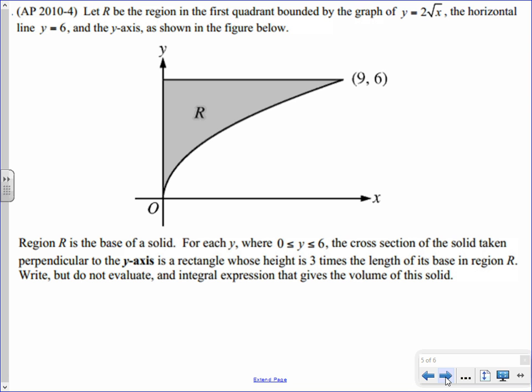The height is the base times 3. So y over 2 squared times 3 times pi. I'm going to need it for college anyway.